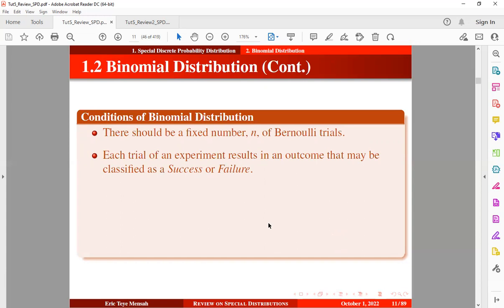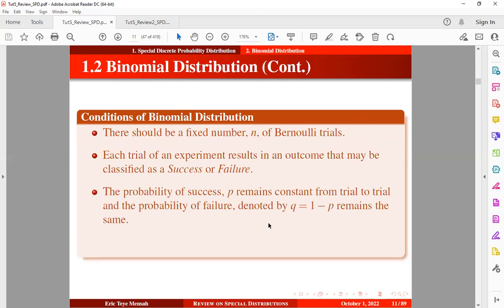Okay, I've already explained this in our previous tutorial on Bernoulli distribution. Okay, and also the probability of success p remains constant from trial to trial, and the probability of failure denoted by q also remains the same. And finally, the random variable X is the number of successes observed in n trials.